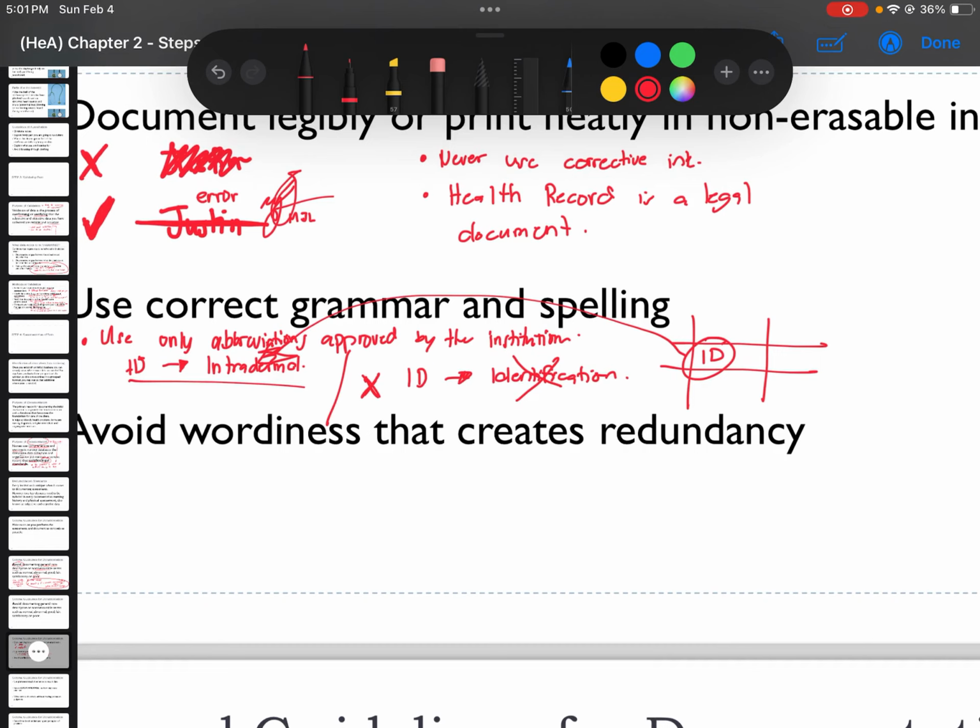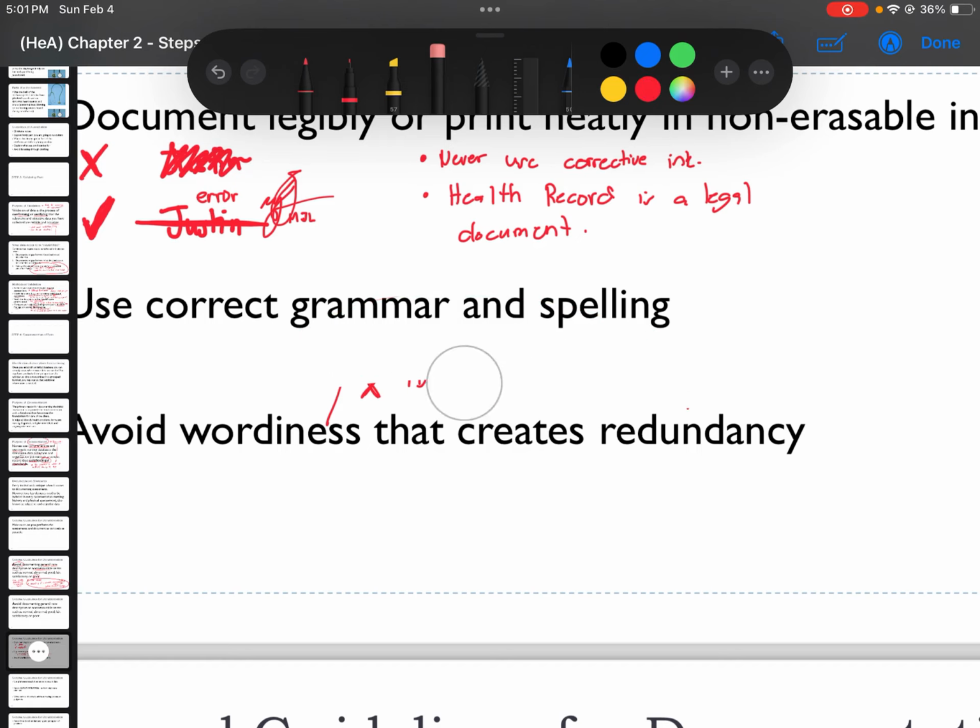The problem is that some abbreviations are very close with each other. An example of that is the abbreviation HS. Okay?